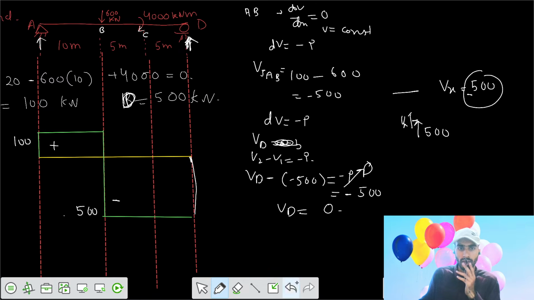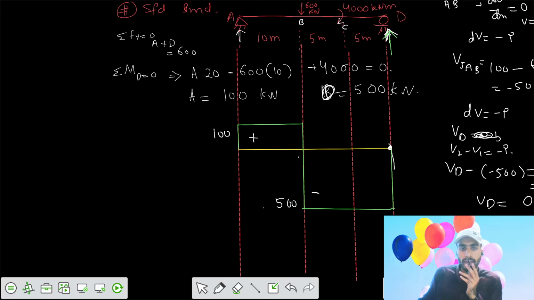Then we join the two points because of the reaction that D offers, finally reaching the reference line.